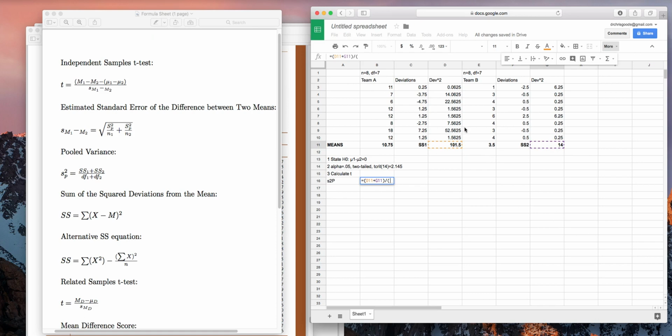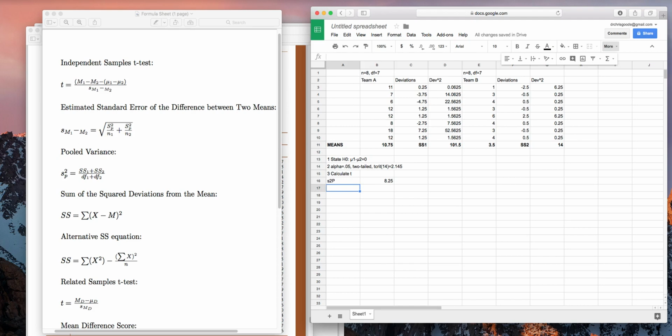So I don't have that in a cell. I'm just going to type 7 plus 7 because I can see above that I typed this out. If you just click on this cell, it's not stored as a number. That's text up there, and so it's not going to divide right. I know the degrees of freedom are 7 and 7. In the next problem, I'll create cells for degrees of freedom. Okay, that's our pooled variance.